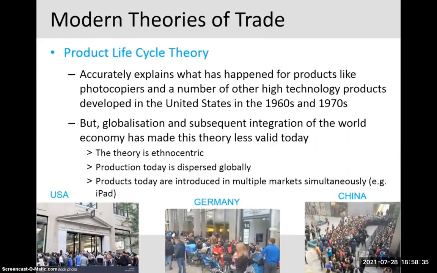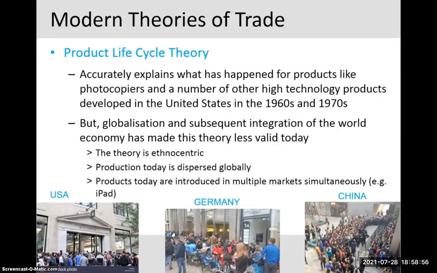In terms of the current relevance of the product life cycle theory, certainly it did accurately explain what happened for products like photocopiers and a number of other technology-related products developed in the 60s and the 70s in the United States. Today, though, its relevance is perhaps less significant.